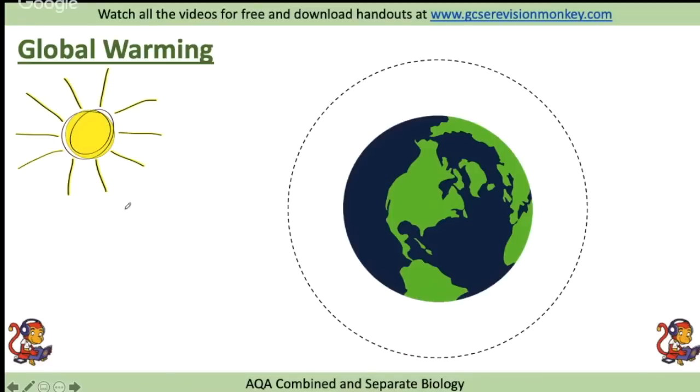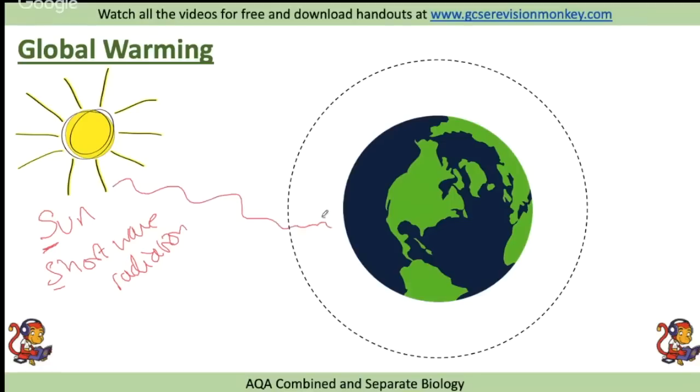In global warming, I want you to remember that from the sun, short wave radiation is released. This comes up in the physics topic as well. Short wave radiation is released. That goes through our blanket of greenhouse gases in our atmosphere. But it is reflected back after it's reabsorbed and then re-emitted from objects on the Earth as long-wave radiation.